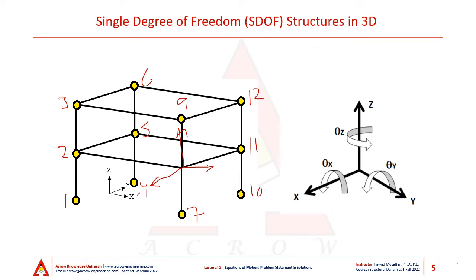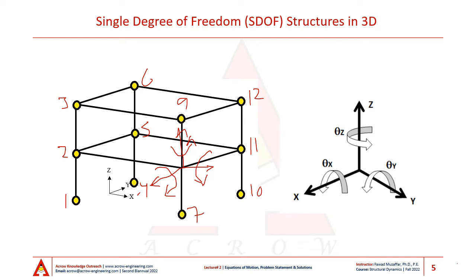It can also rotate about my x axis, about my y axis, and about my z axis. So there is a total of 6 degrees of freedom associated with each one of these nodes.